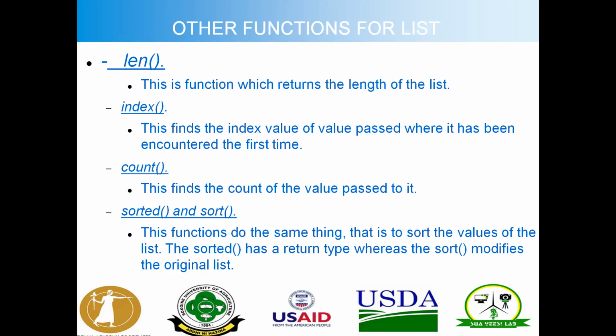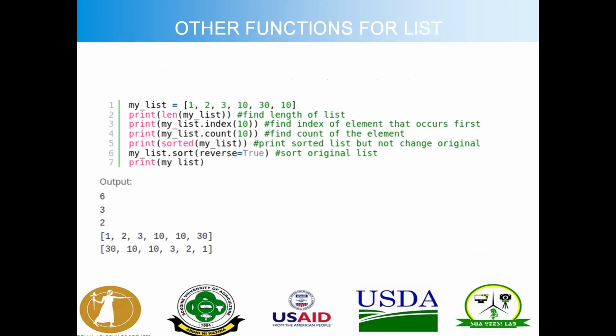So if you have a list and you want to sort it and save the sorted items into the same list, you can use the sort function. And sorted has a return type. We're going to see that when we do the practical. So these are some of the examples.